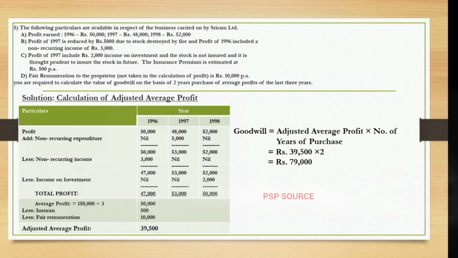Then out of it we have to deduct the non-recurring income of rupees 3,000 for 1996, and there is also income on investment given, so we have to subtract such balance of rupees 2,000 from profit. So we get a total profit of rupees 47,000 for 1996, 53,000 for 1997 and for 1998 50,000 is given.